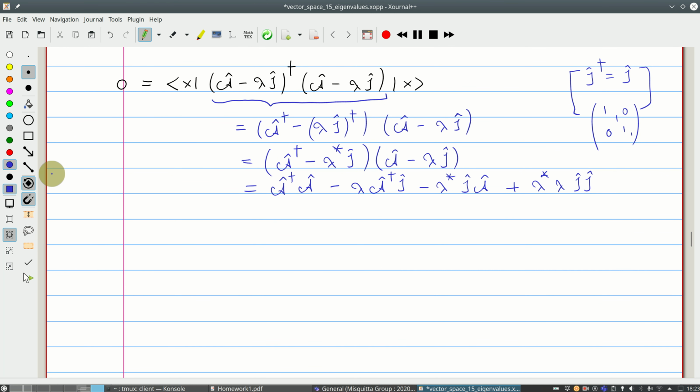Now what we want to do is use the property of the normal operator. If A is a normal operator, then A dagger A is equal to A A dagger. Okay, so what that lets us do, and I'm going to skip a bit of algebra here, is effectively reverse these two terms.